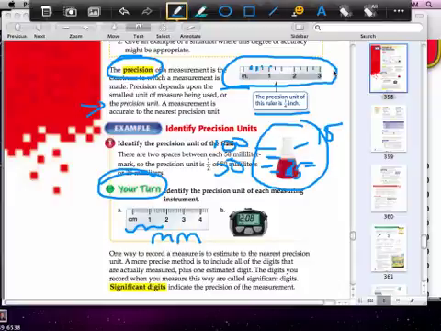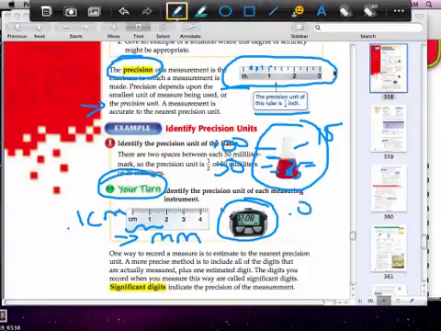So the precision unit on this is either 1 millimeter or 0.1 centimeters, depending on which way you want to say that. If we look at the stopwatch, you can see that it goes to the nearest hundredth, and we're in seconds, so our precision unit would be 1/100th of a second for that.